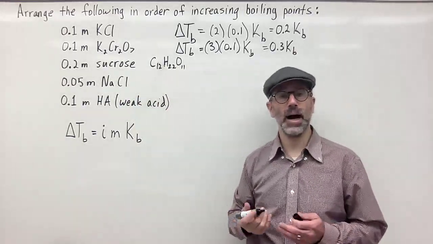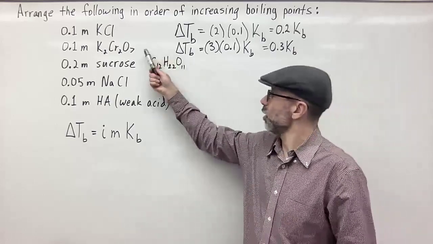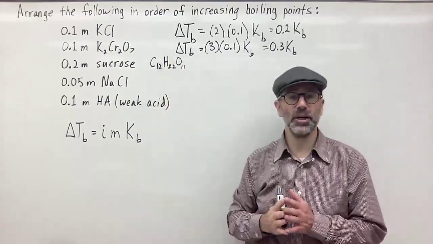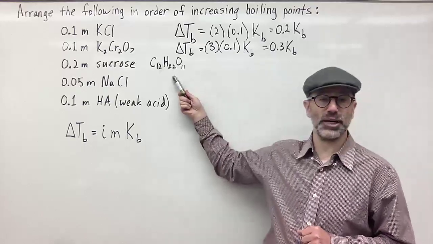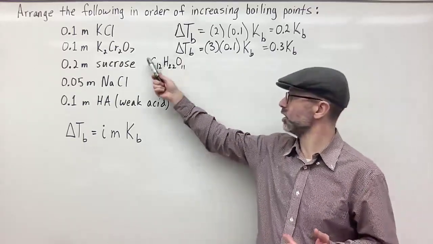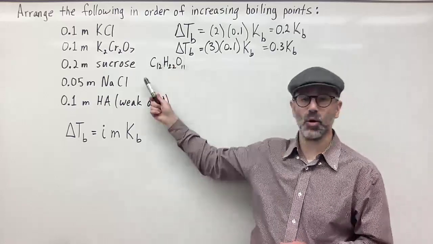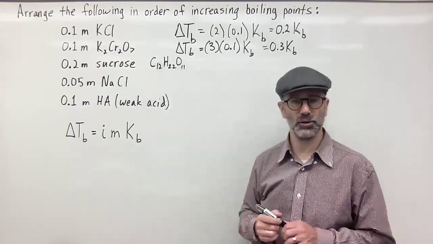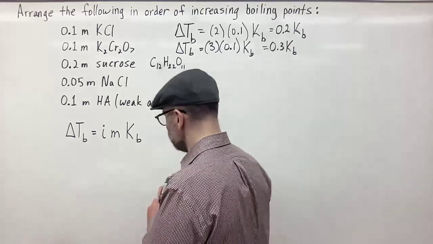It's a covalently bonded molecule, so this is just one thing. It's not going to break up into different things. So the Van 't Hoff factor is going to be 1, because for every one of these that dissolves in water, I only get 1 particle, since it is not going to break apart into other particles.